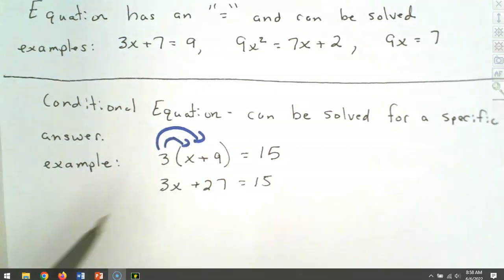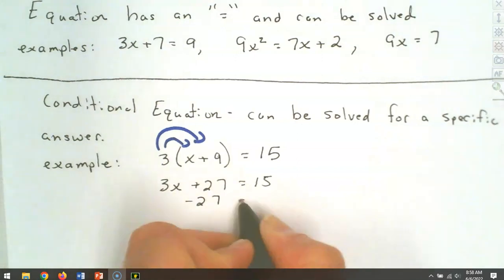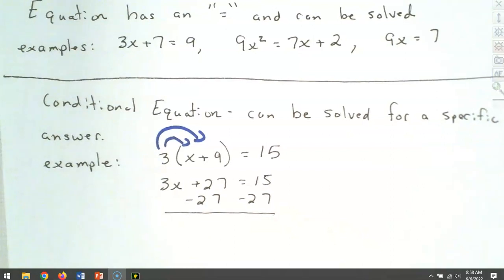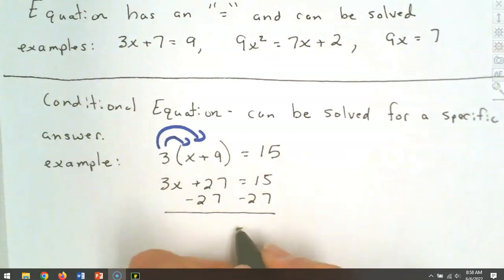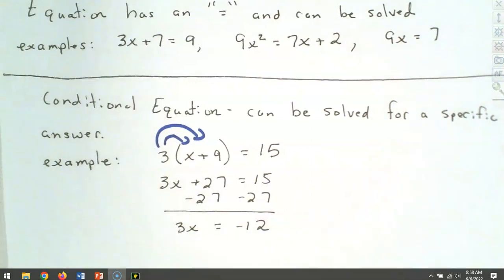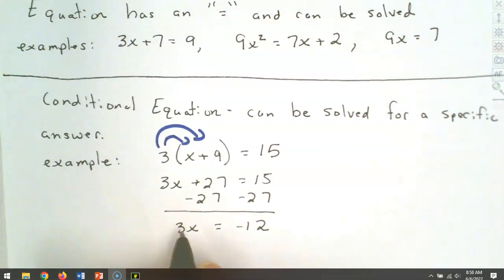And we can move that 27 over to the other side with subtraction. And that should give you then negative 12, right? Watch your signs here. So that's going to be a negative 12. And then how do we finish it out? Well, we finish it out by dividing. So we divide both sides by our 3.